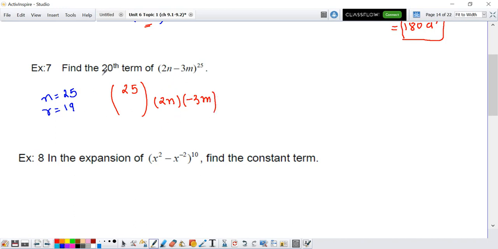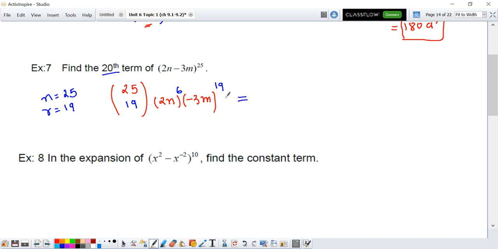Like I said, the 20th term, one less is 19, which means that number will be 19. Those two always match. Now, what number do you add to make it 25? 19 plus 6 is 25. You have to show me this setup, even if it's very high numbers.